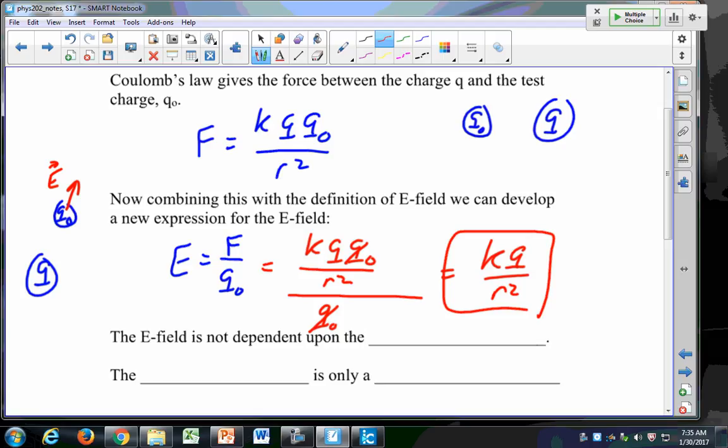But we're always going back to this basic idea of the force between two charges. Just like we did with going back to the force between two masses, Newton's universal law of gravitation, that this is sort of the underlying idea behind all these things. So the E field is not dependent upon the test charge.